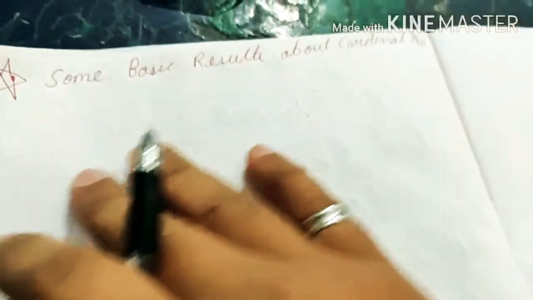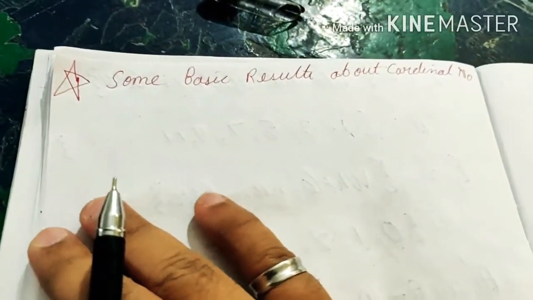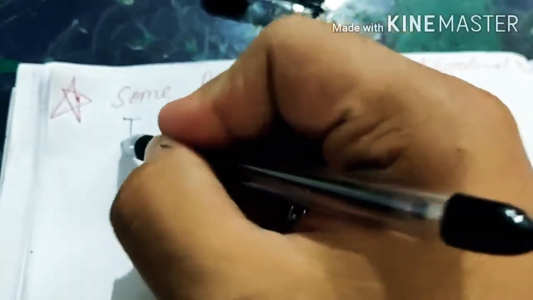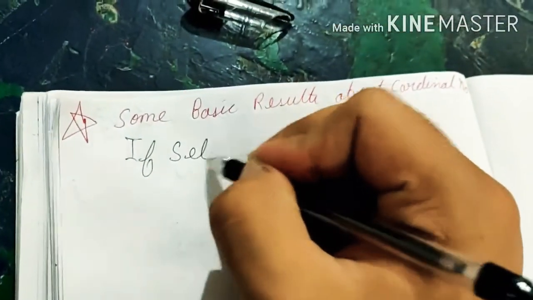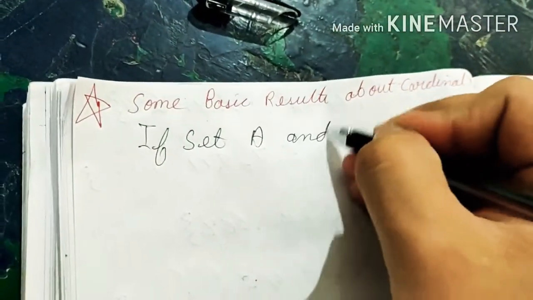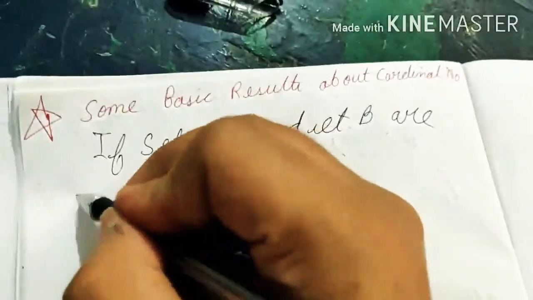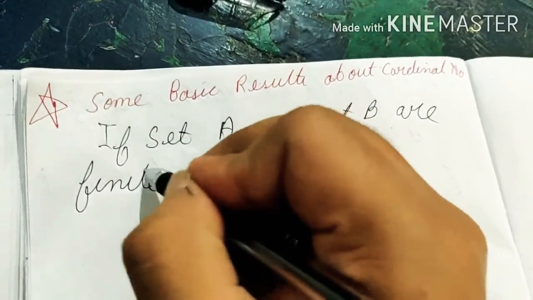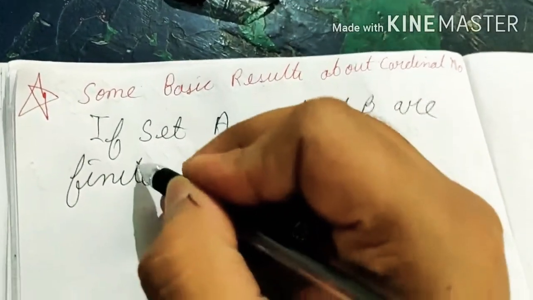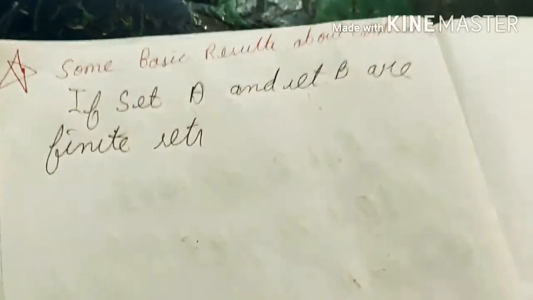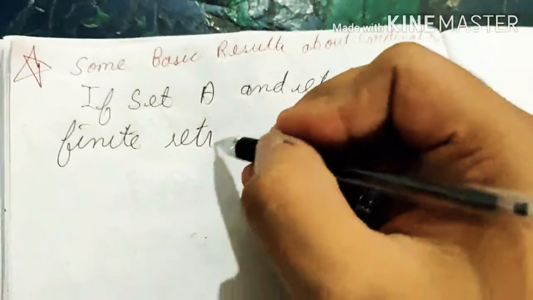Some basic results about cardinal number. If set A and set B are finite sets, finite sets means they have a cardinal number, that is they have a defined number of elements, a countable number of elements in that set.